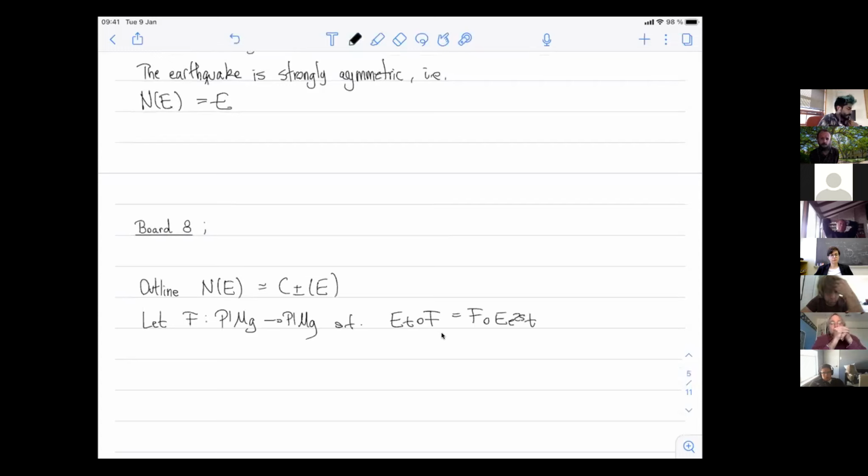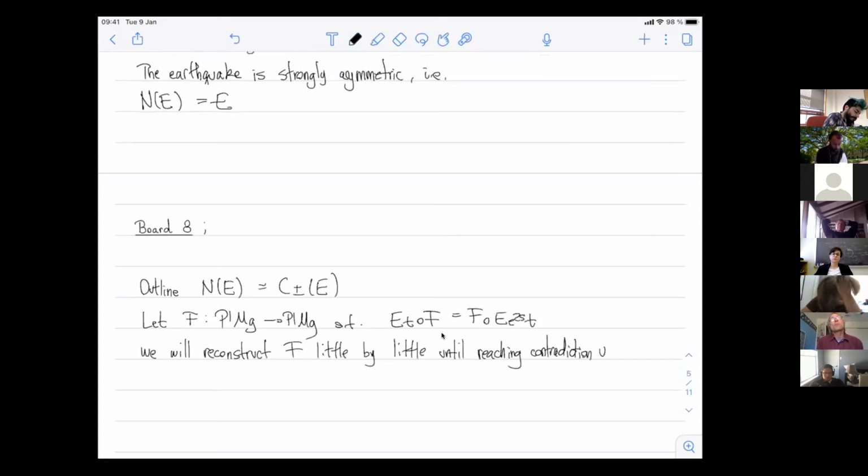So what we will do is reconstruct F little by little until reaching a contradiction, unless the parameter S was equal to 0. But if the parameter S is equal to 0, then we have a transformation of the centralizer.